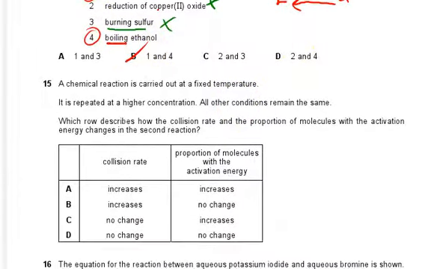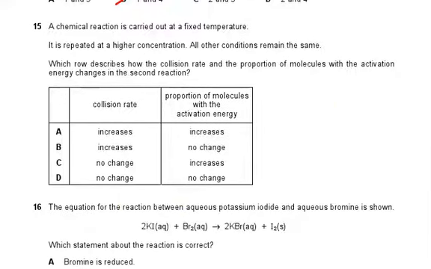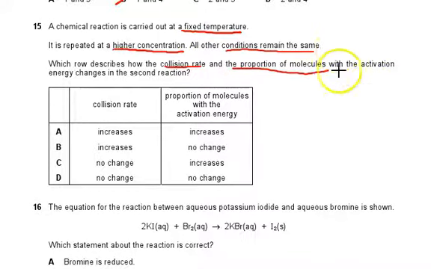Okay, now look at number 15. A chemical reaction is carried out at a fixed temperature. It is repeated at a higher concentration. All other conditions remain the same. Which row describes how the collision rate and the proportion of molecules with the activation energy change in the second reaction?